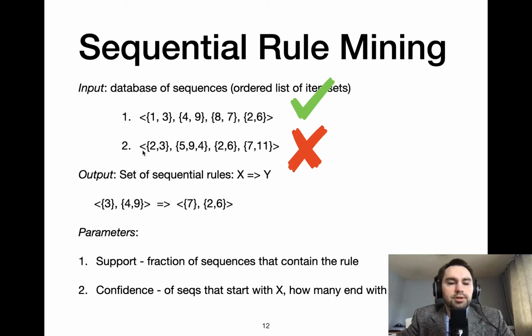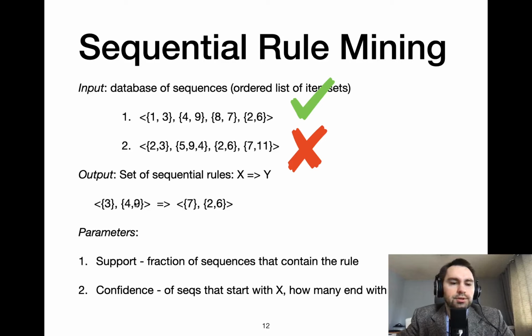In this case, this sequence doesn't contain the rule, because 3 followed by 4, 9 or 9, 4, it doesn't matter, but then it's followed by 7. You can see here's the 7, but 7 is no longer followed by 2 and 6. 2, 6 precedes 7, but it does not follow it. This is because the order matters.